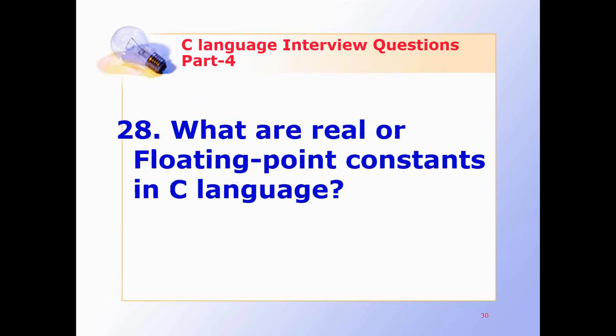What are real or floating point constants in C language? A real or floating point constant is a base 10 number that contains either a decimal point or an exponent or both. A floating point constant can be written in two forms: fractional form or exponential form.